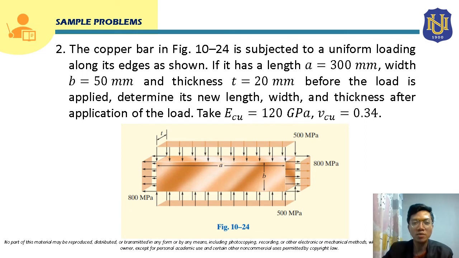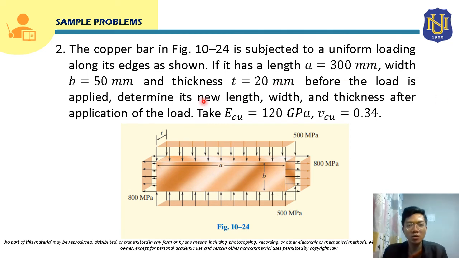For sample problem number 2, the copper bar in the figure is subjected to a uniform loading along its edges as shown. It has a length A equal to 300 millimeter, so this is the A, and width B equal to 50 millimeter, so this is the B, and the thickness T is 20 millimeter.